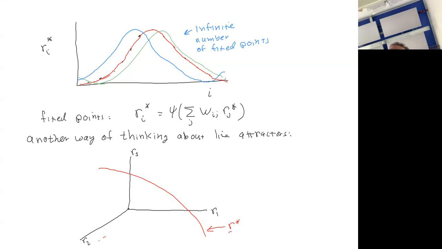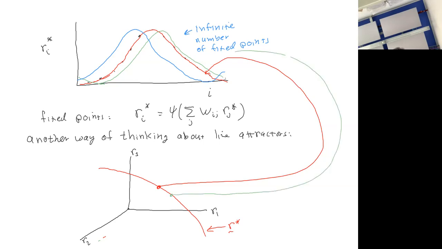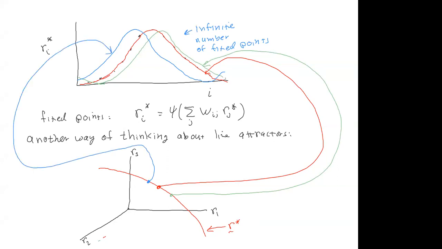And so this point here, for instance, might correspond to this hill of activity. And this point here might correspond to this hill of activity. And this point here might correspond to this hill of activity, okay?